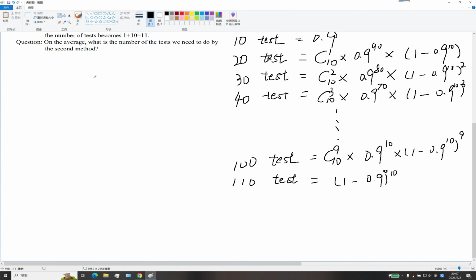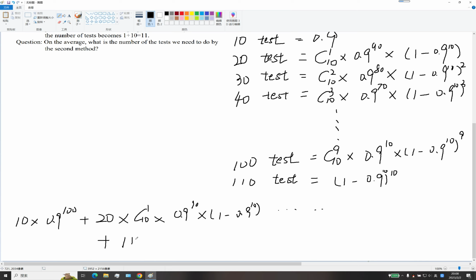The equation is 10 times 0.9 to the power 100, plus 20 times the next probability, and so on, and the last one is 110 times its probability.